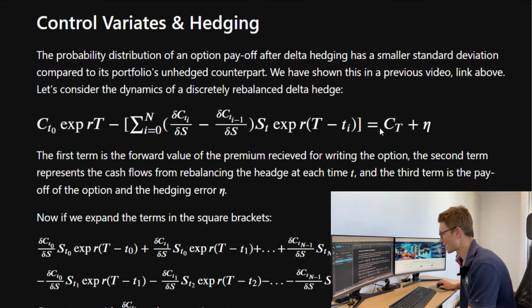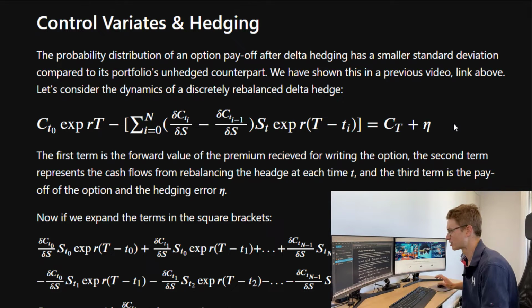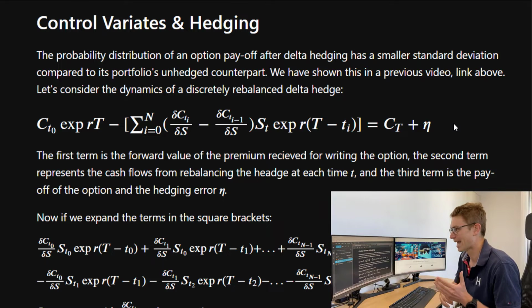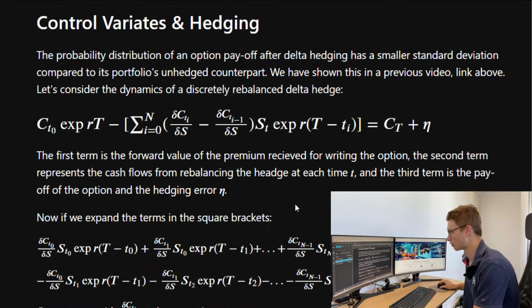Now, we've got that equal to the option payoff plus this eta term. That eta term is for the hedging error, because we're not calculating the sensitivities exactly, so when actually calculating delta, there's going to be some error associated with that, and we're also discretely rebalancing our portfolio.